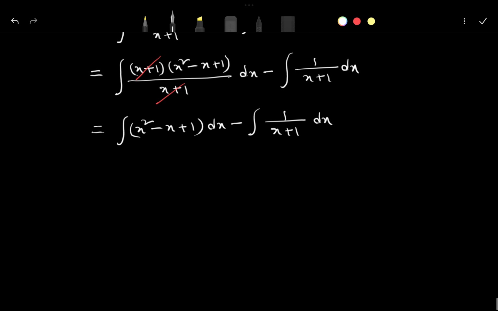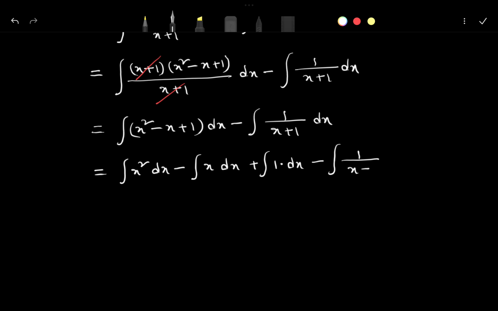That is, the integration of x square dx, minus the integration of x dx, plus the integration of 1 dx, minus the integration of 1 by x plus 1 dx.